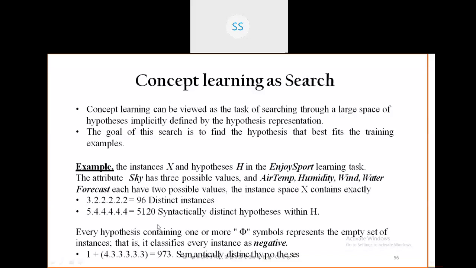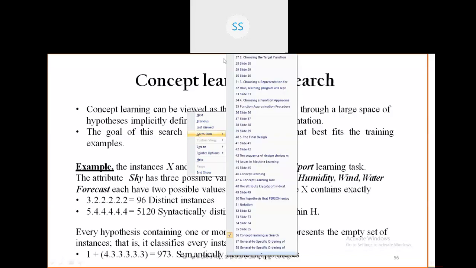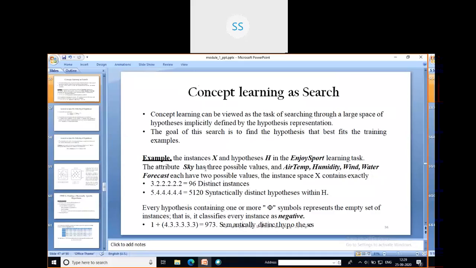Keeping all these things, I can construct 5120 syntactically distinct hypotheses within H. Let me show you how it works.